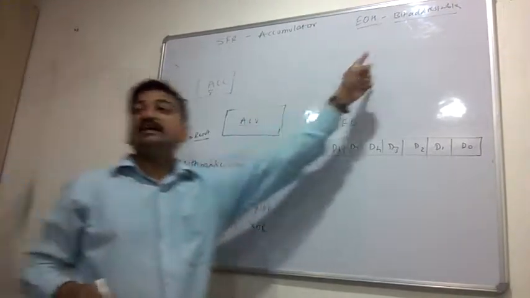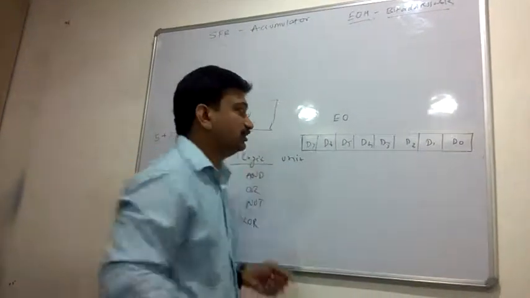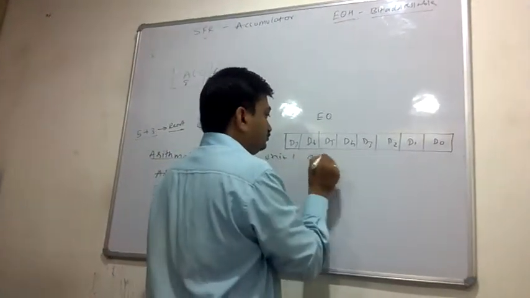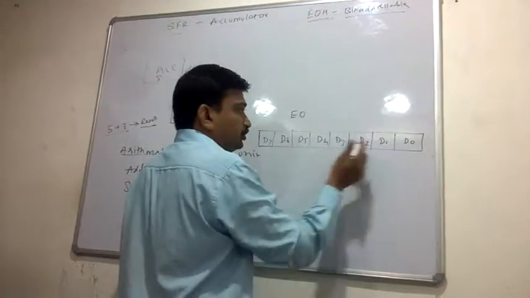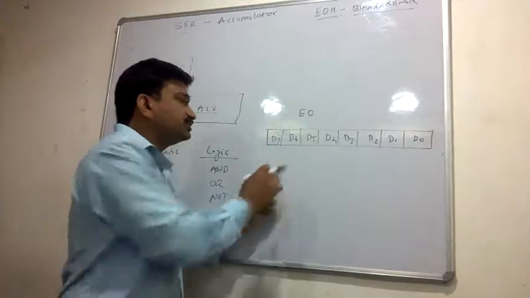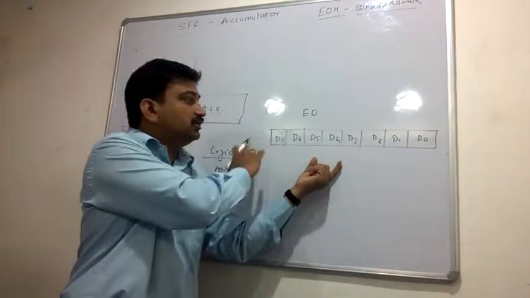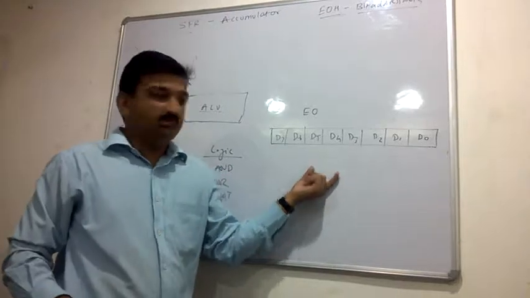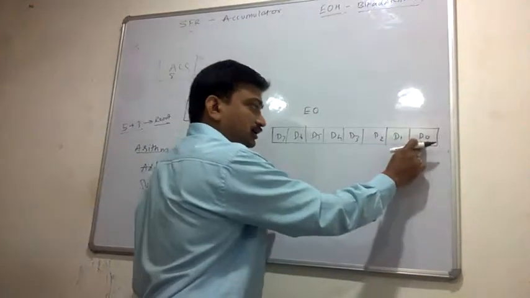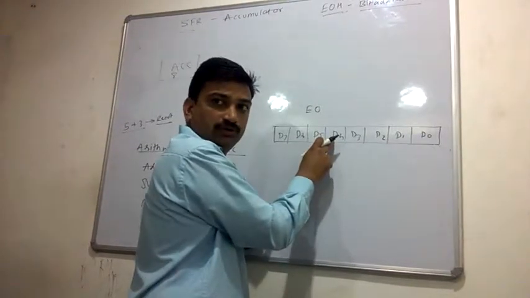Next, it is bit addressable. Bit addressable means that each bit of this register you can change or handle without disturbing the other bits. If you want to change D0 only, you can. If you want to change D4 only, you can.